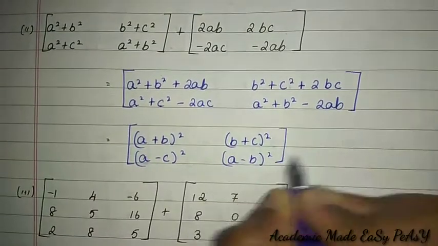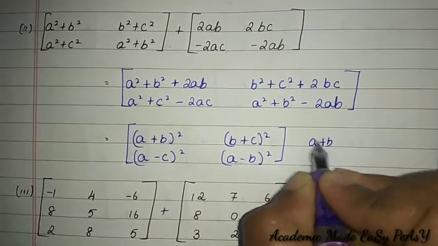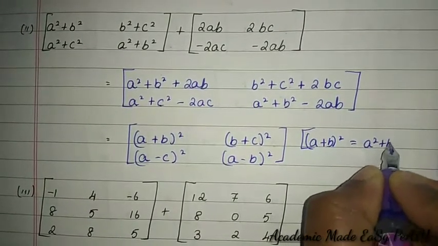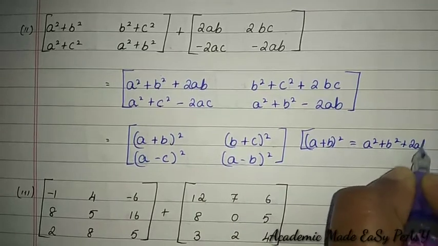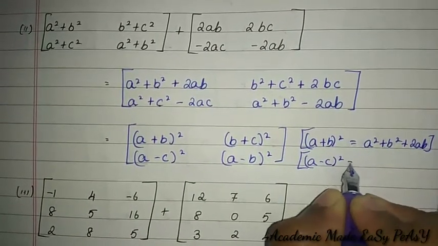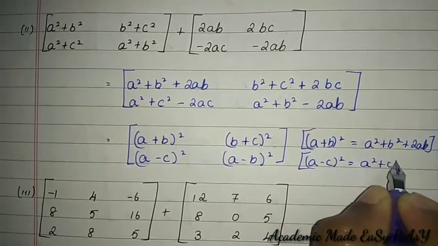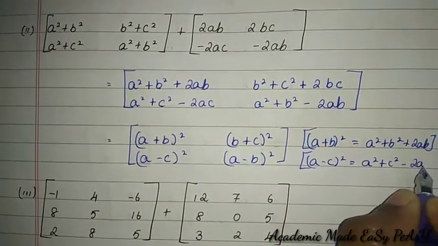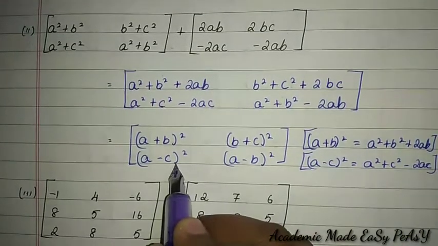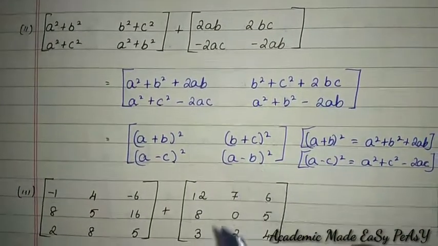Why? Because (A plus B) the whole square is equal to A square plus B square plus 2AB, and (A minus C) the whole square is equal to A square plus C square minus 2AC. Because of this only I have substituted over here.